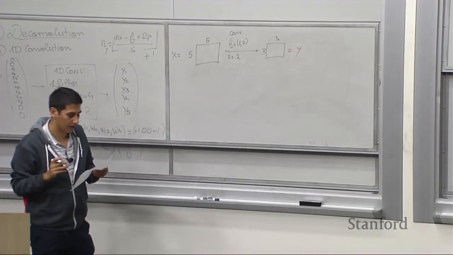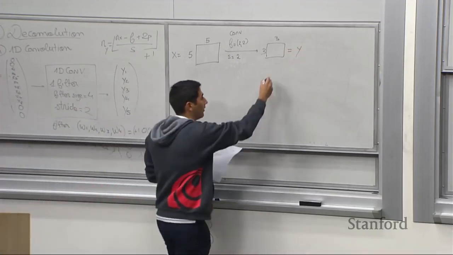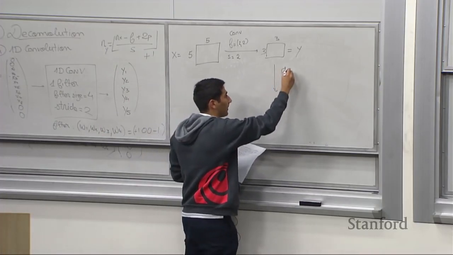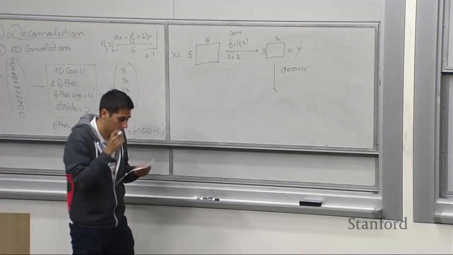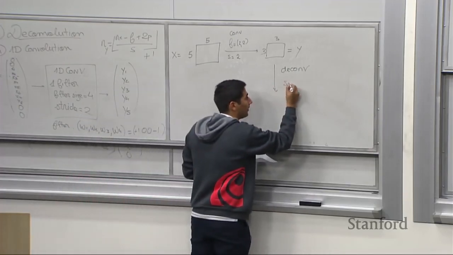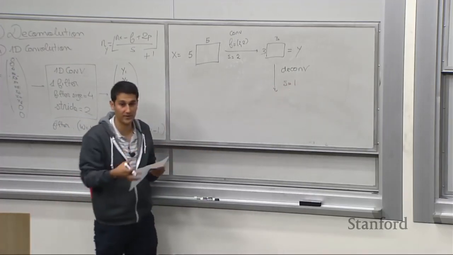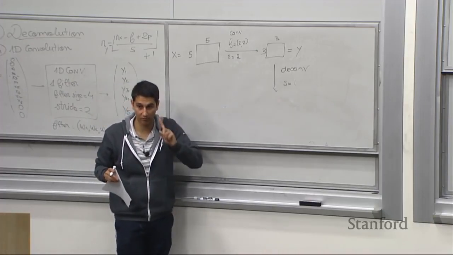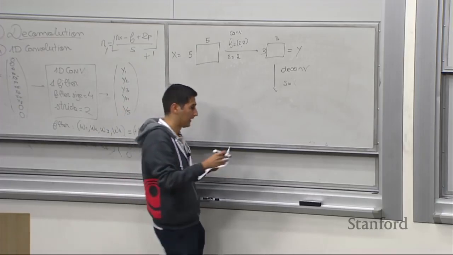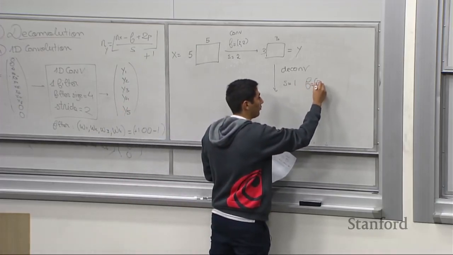What you're going to do here is deconvolve y. In order to deconvolve it, you're going to use a stride of 1. What we said is that we need to divide the stride by 2, so we need a stride of 1. The filter will be the same, 2 by 2.